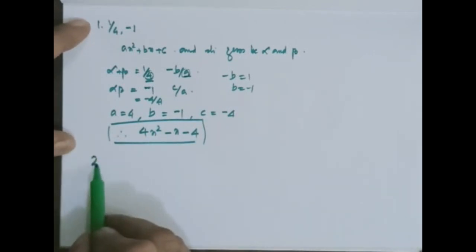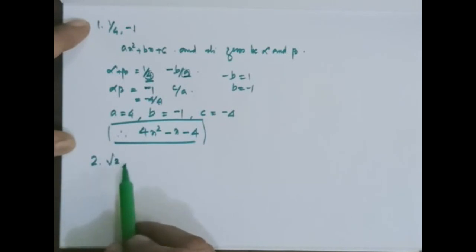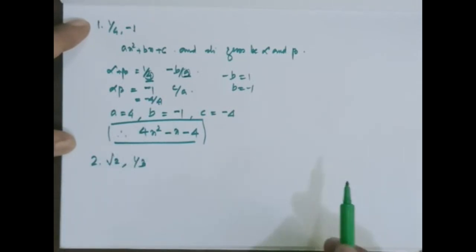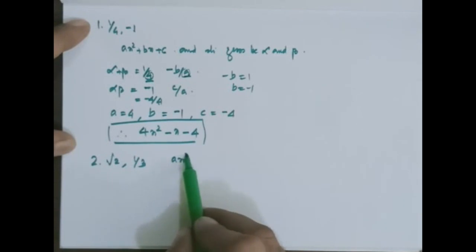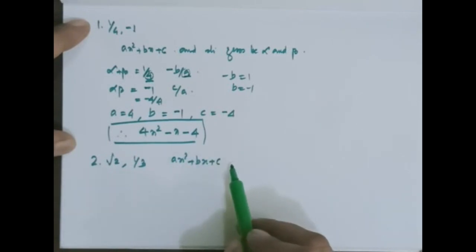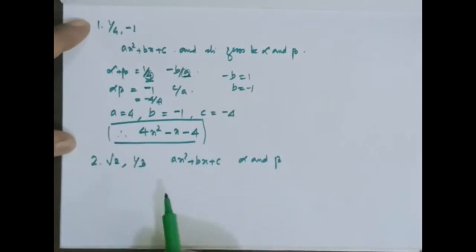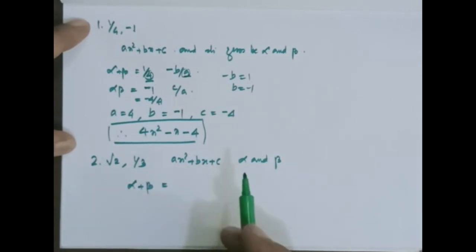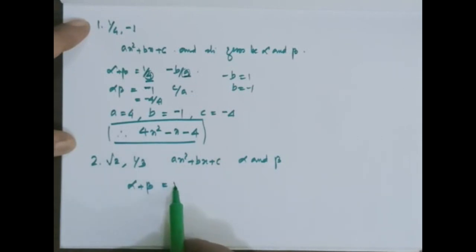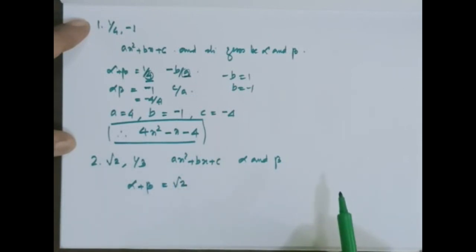And question number 2, root 2 comma 1 by 3. Let the polynomial be of the form ax square plus bx plus c and its zeros be alpha and beta. You can write alpha plus beta equal to root 2 and alpha into beta equal to 1 by 3.